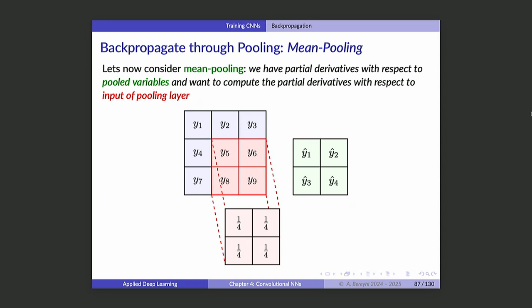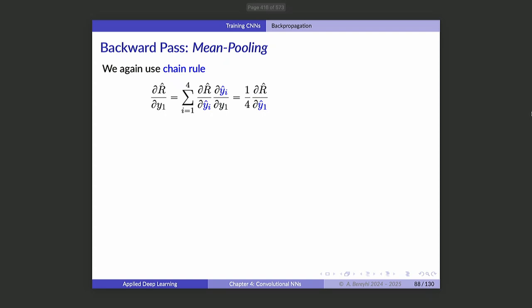What is the partial derivative of y hat 1 with respect to y1? 1/4, right? Everybody else is constant, so it's going to be 1/4. So I can simply say that the partial derivative of r hat with respect to y1 is the gradient of r hat with respect to y hat 1. This is the only one which contains y1. And the other partial derivative is 1 over 4, right? Correct? So if you do the chain rule, this is going to be 1/4, right?